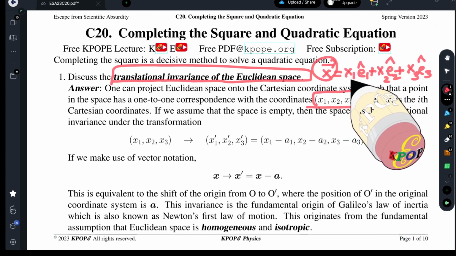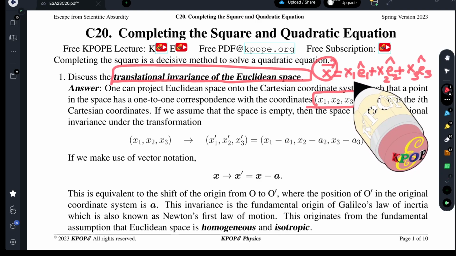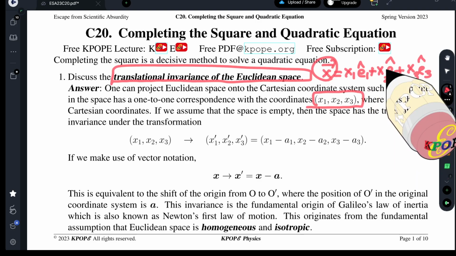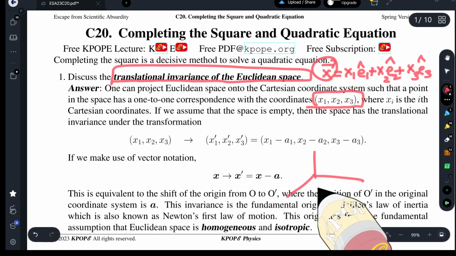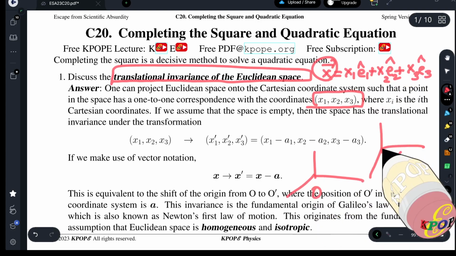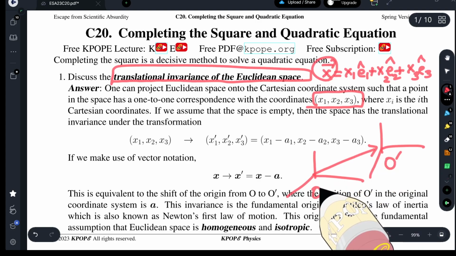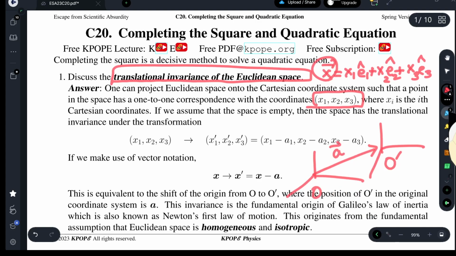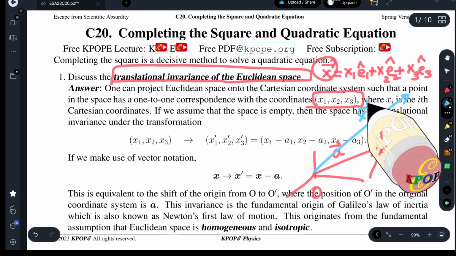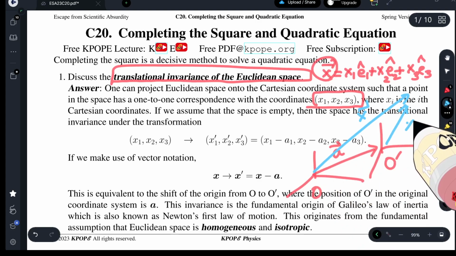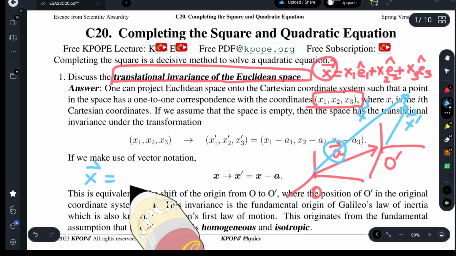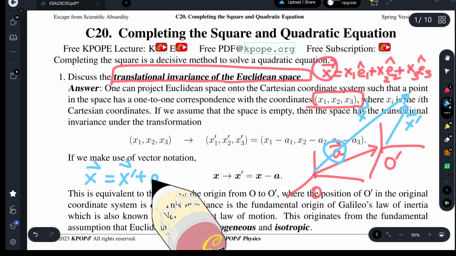This representation depends on the choice of the origin of the system, and if we translate this origin from somewhere to another place whose position vector relative to the original origin is a, then an arbitrary vector x can be represented by another vector x prime, provided that we have the relation x equals x prime plus a.